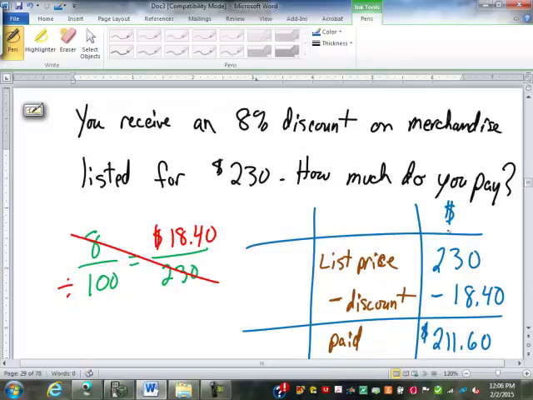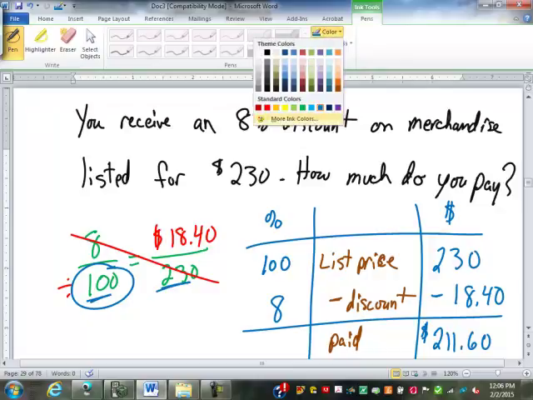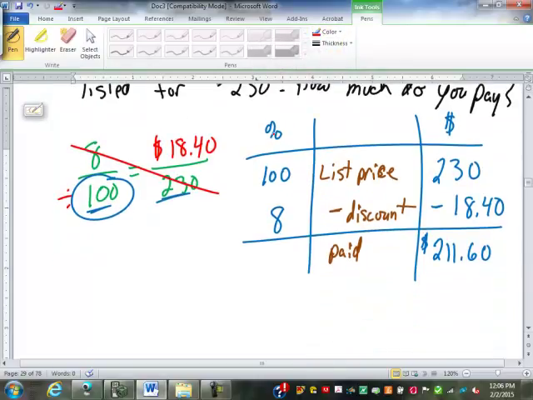Here we had dollar amounts, but there will also be a percent. Now if we look at our percents, we have the 8%, which is the amount of the discount, but there's always another number that goes with our percents, and that is the 100. The starting amount, or the list price, was 100%. You can see 100 matches up with the 230 here. Same over here. Now with that, we can very quickly find the amount paid.